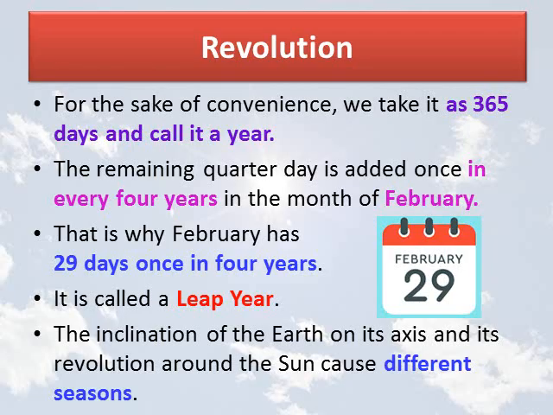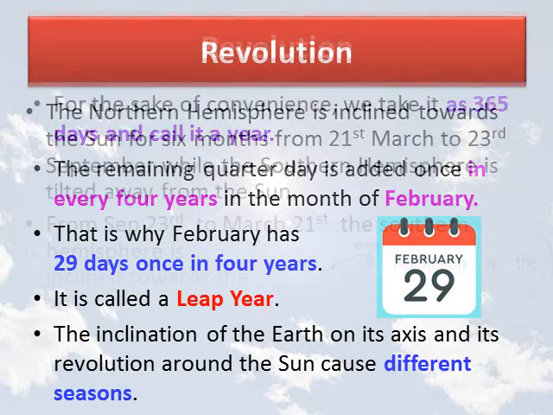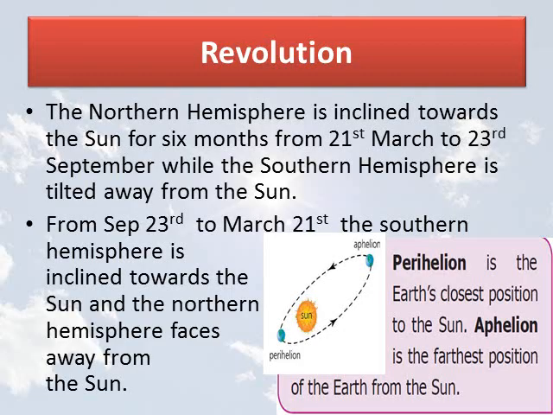The inclination of the earth on its axis and its revolution around the sun cause different seasons. You know, children, rotation causes day and night and revolution causes seasons. Dear children, the northern hemisphere is inclined towards the sun for 6 months, from 21st March to 23rd September, while the southern hemisphere is tilted away from the sun.